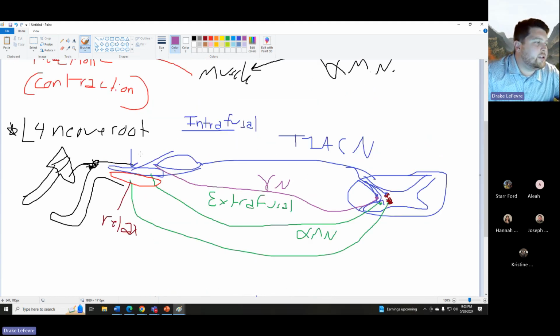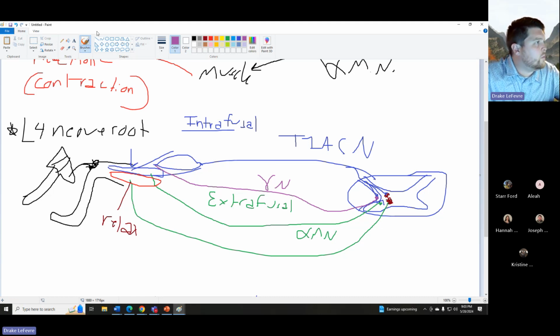They specifically go to the extrafusal fibers that are surrounding and that connect to the intrafusal muscle spindles. Okay.